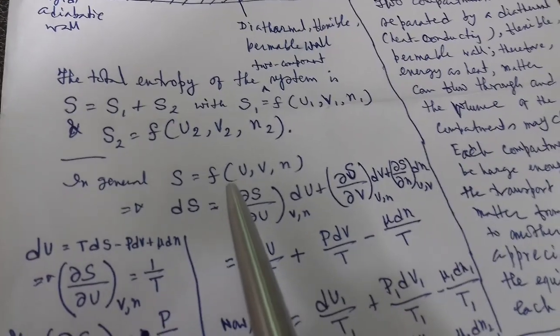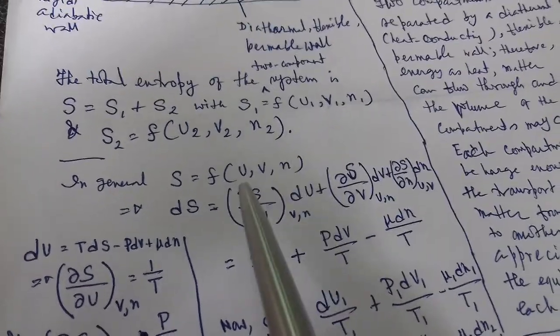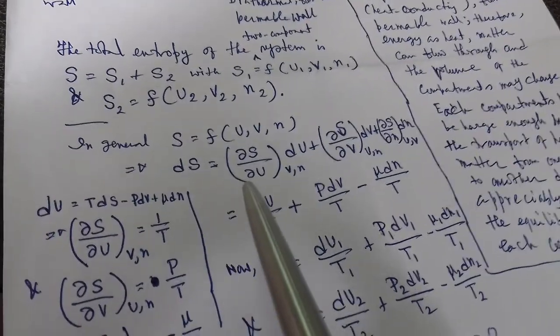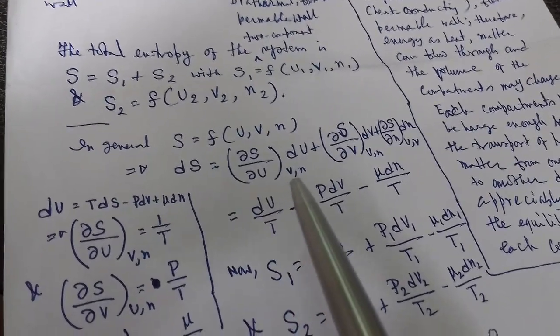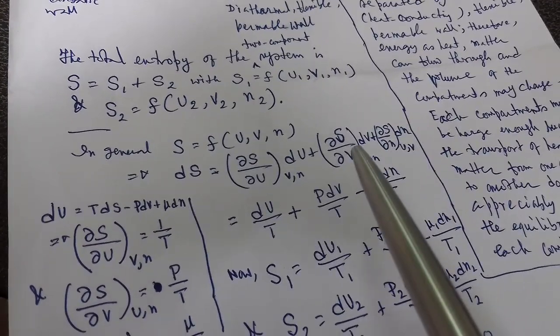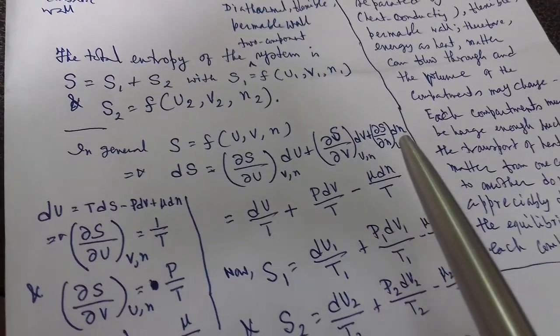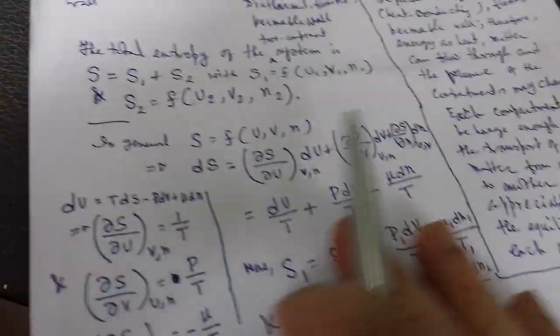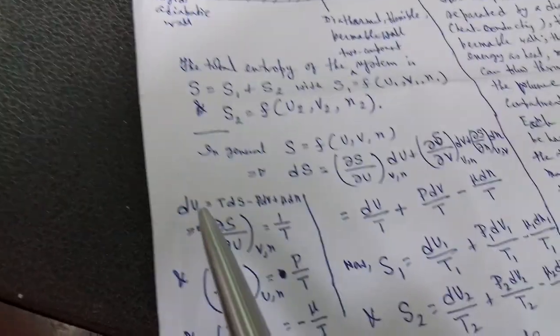In general, S is a function of U, V, N, that is internal energy, volume and number of moles, such that dS equals del S by del U at constant V and N into dU, plus del S by del V at constant U and N into dV, plus del S by del N at constant U and V into dN. Now look here.